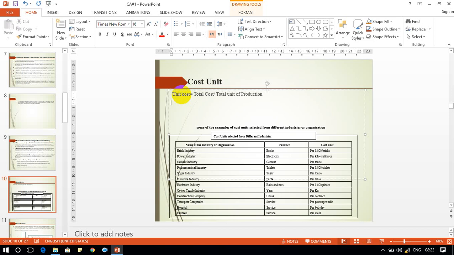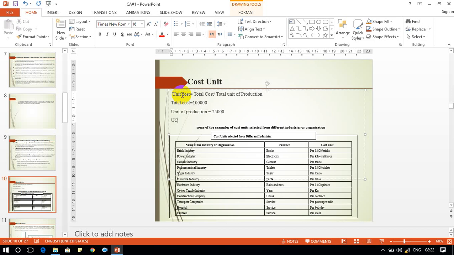So how do we get it? Suppose my total cost is 1 lakh and the units of production are 25,000. How to calculate the unit cost?